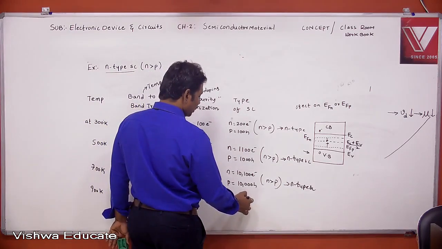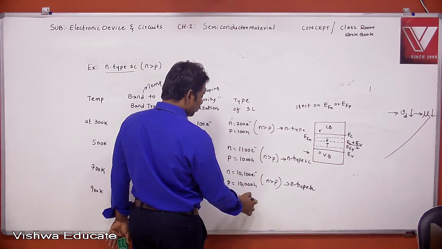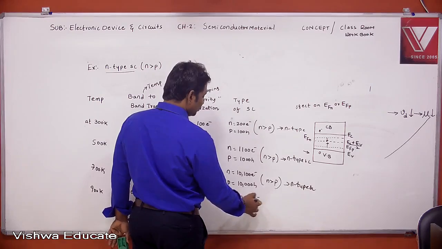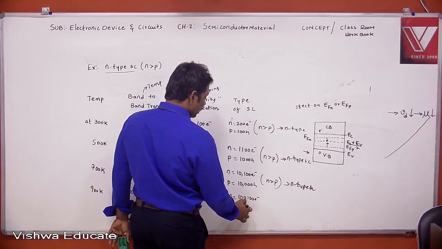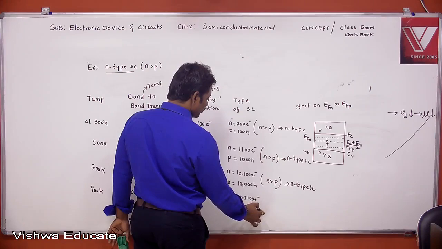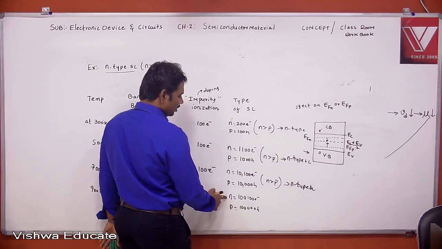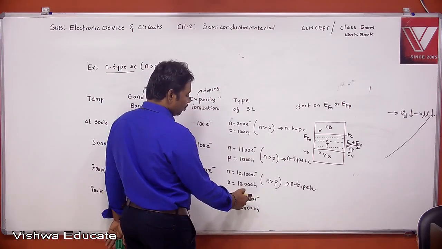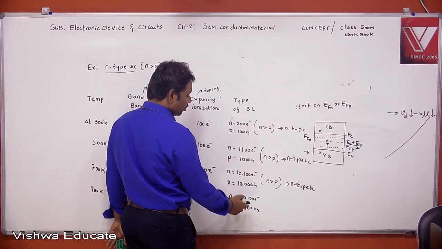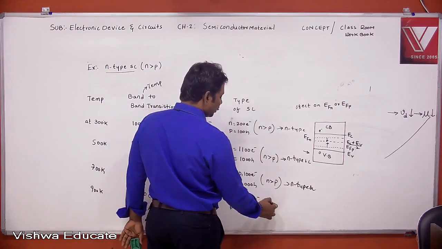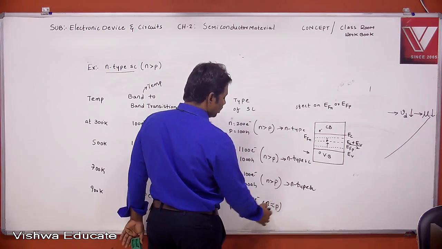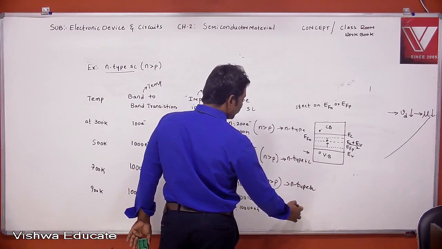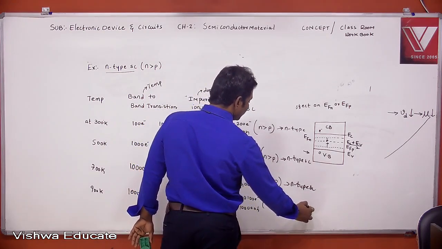N is nothing but 1 lakh 100 electrons, and the holes will be 1 lakh, right? That means n is 1 lakh 100 electrons and holes 1 lakh, almost equal, right? That means n equal to p. N equal to p means what will be the semiconductor here?